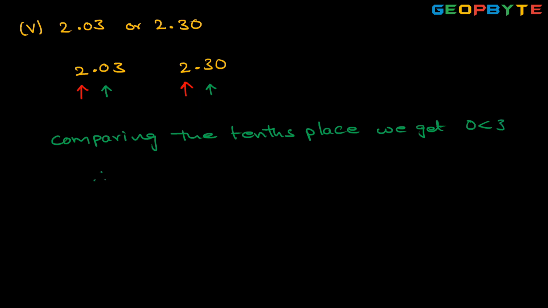So 2.03 is less than 2.30, or we can also say 2.30 is greater than 2.03.